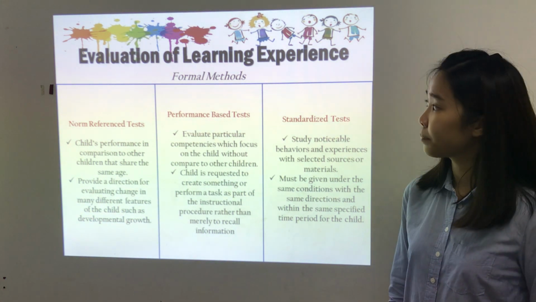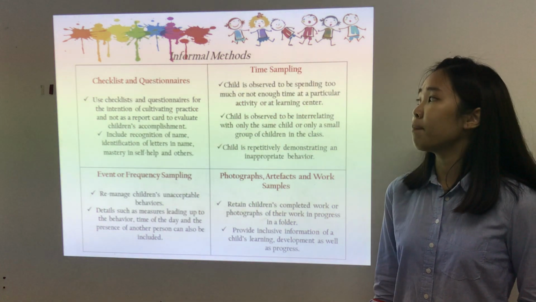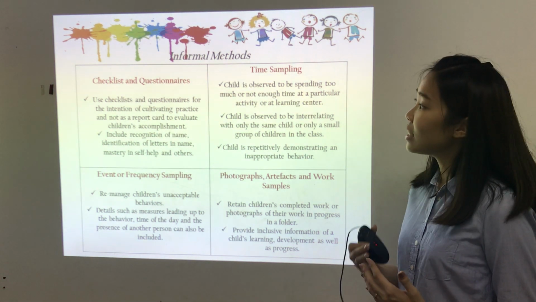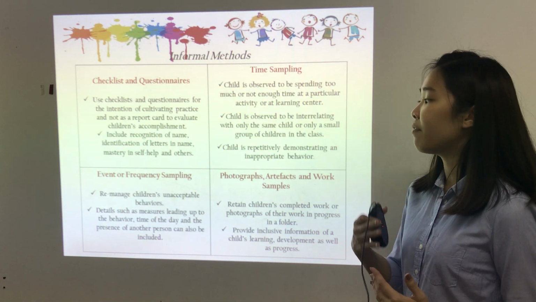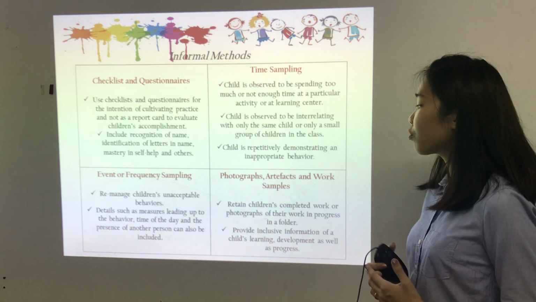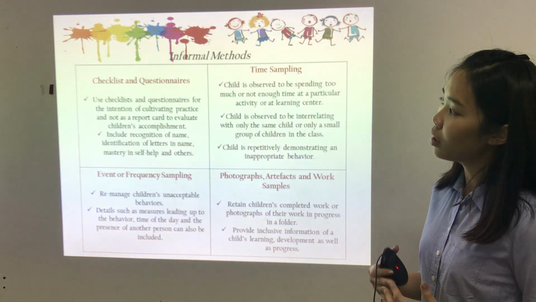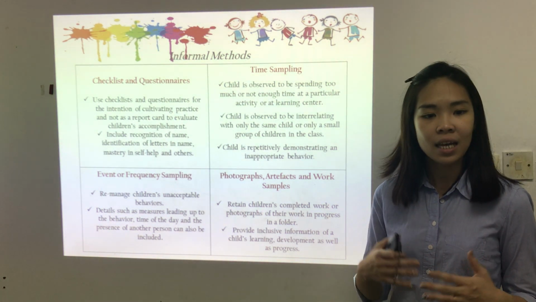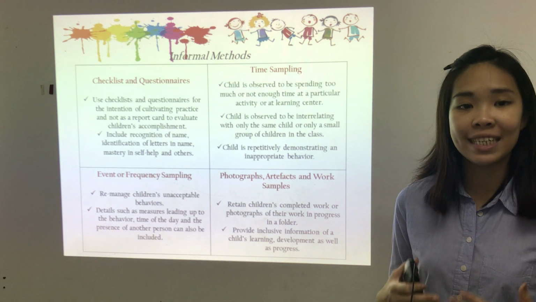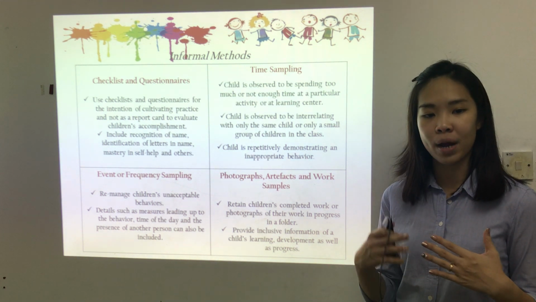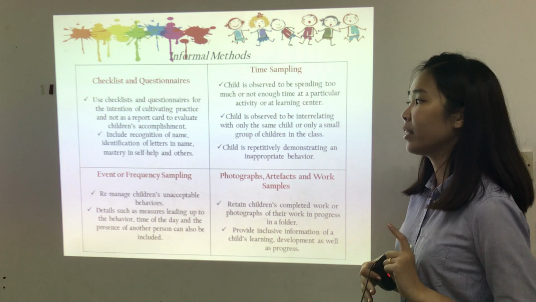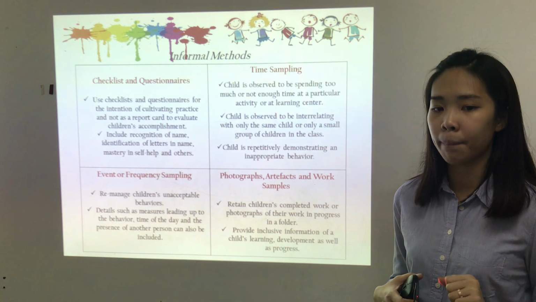For informal methods, there are checklists and questionnaires, time sampling, event or frequency sampling, photograph, artifacts, and work sample. Checklists and questionnaires can be used for the intention of cultivating a practice and not a report card to evaluate children's accomplishment.